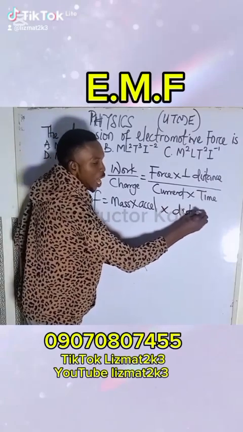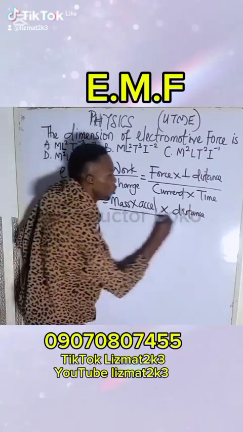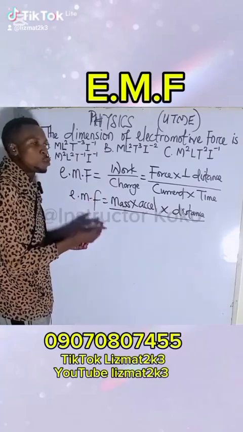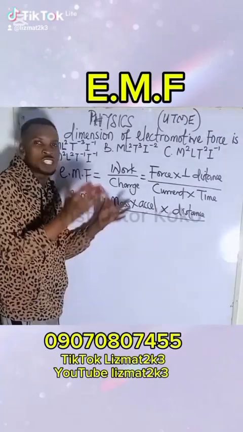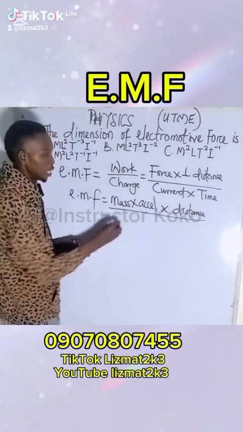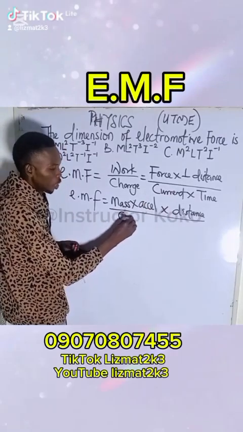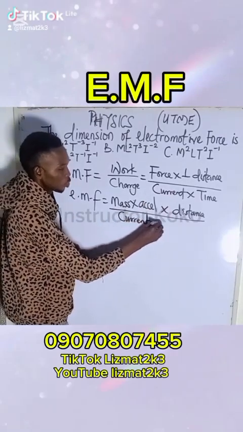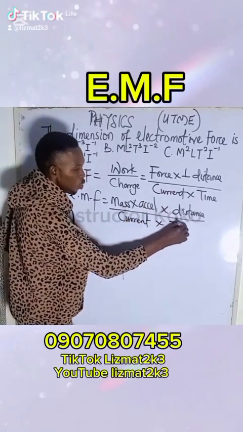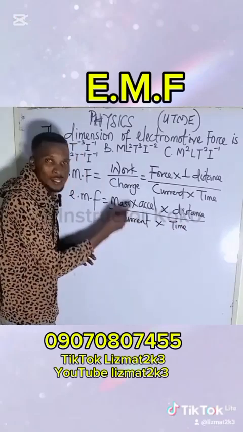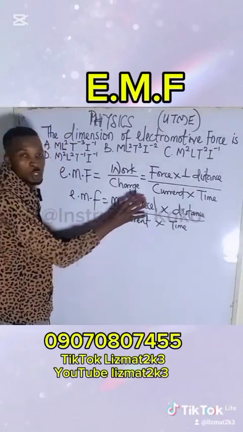As you can see, I'm trying to break down the formula for electromotive force so that I will be able to use the basic dimension analysis. All right. What is current? Current is still current, then multiply by time. Of course, I still need to break down acceleration, so I'm going to stop there.